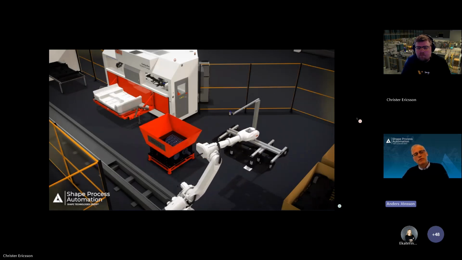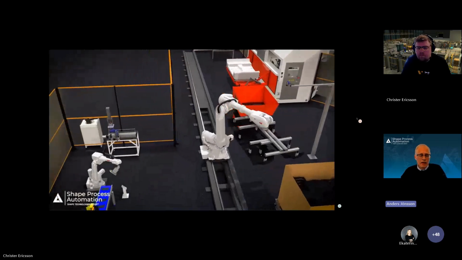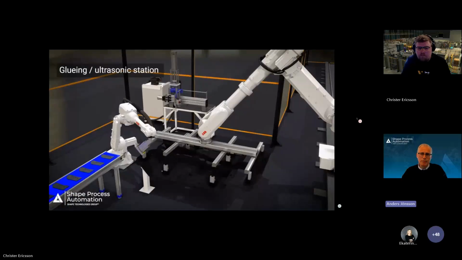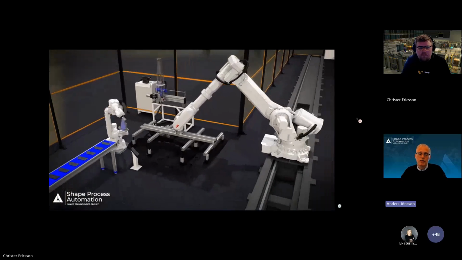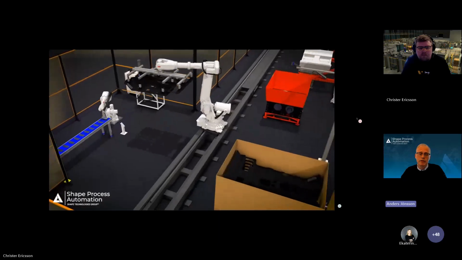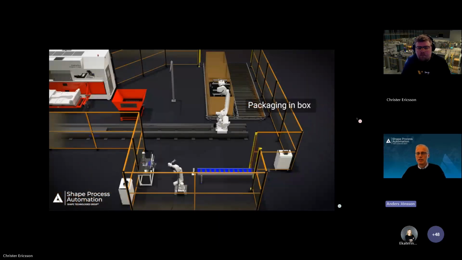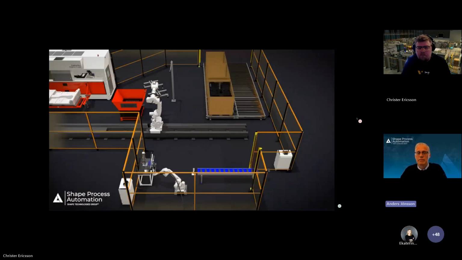So this was one of the first simulation models which had the purpose of being used for marketing. It was a request from the sales department: can't we show something around our water cutting business and combine it with our competence in material handling?